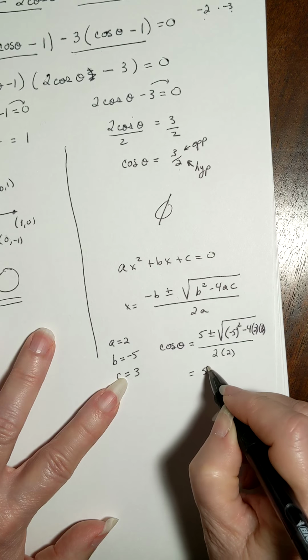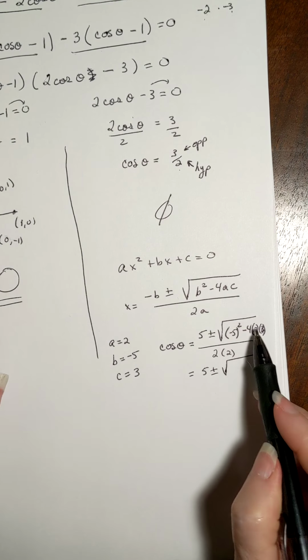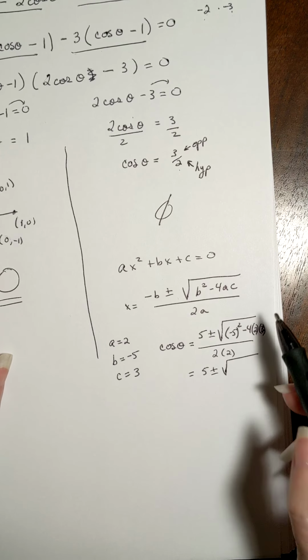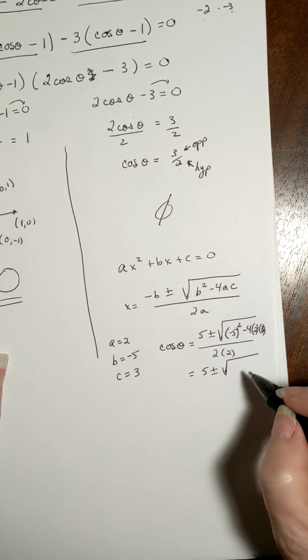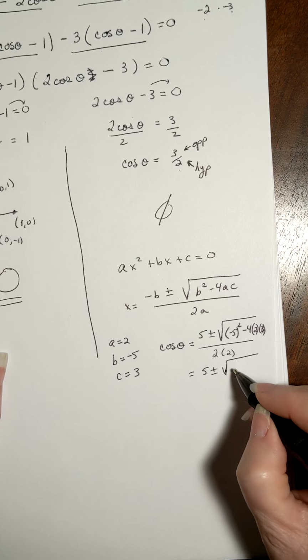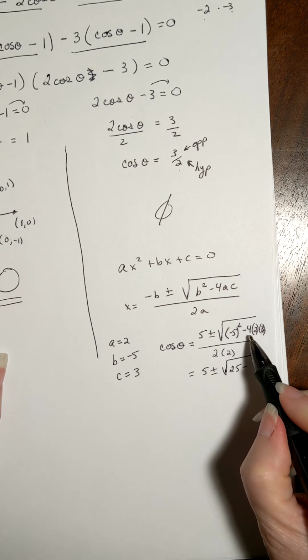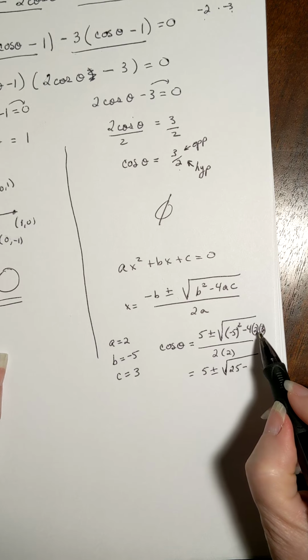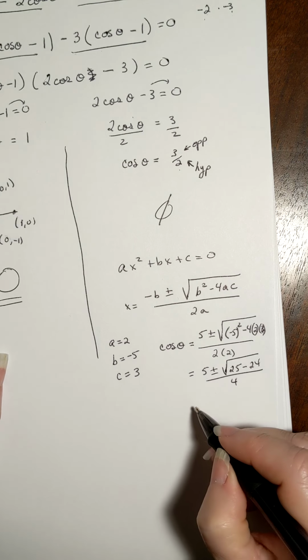So this gives me 5 plus or minus. Now, you can just plug this into your calculator, which is probably the easiest way to do this. But notice when I square -5, negative times negative is positive 25 minus 4 times 2 is 8 times 3 is 24 over 4.